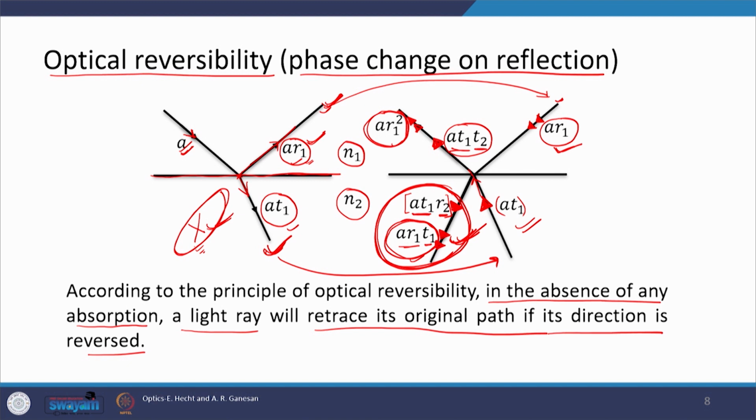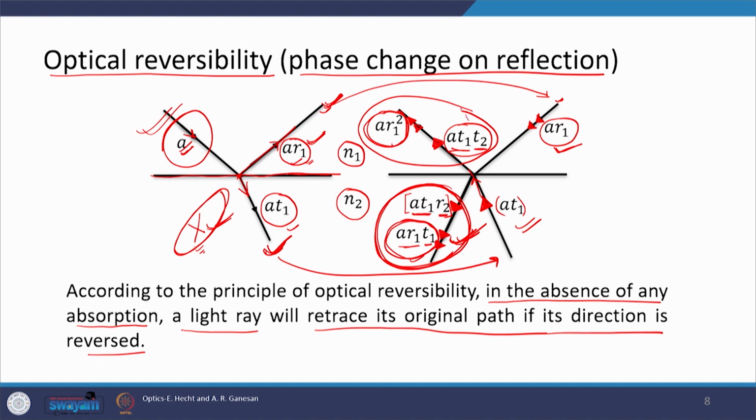Similarly, here the ray which was initially incident on the interface has magnitude A, while the ray which we are seeing here has magnitude AR1 square plus AT1T2.